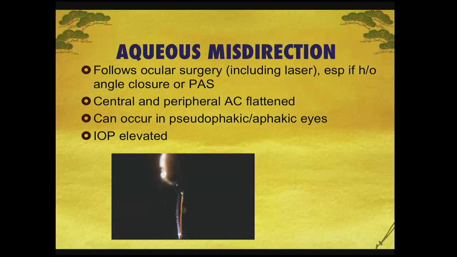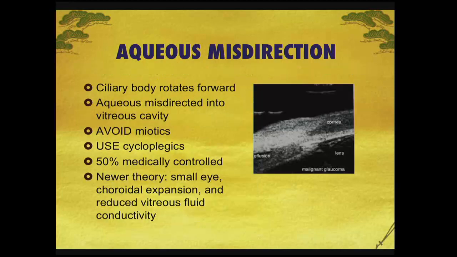Early on the pressure won't be that high, but later on it can be extremely high. It's thought that the ciliary body rotates forward and that aqueous is misdirected into the vitreous cavity. The key thing here is to avoid miotics because they will worsen the situation. The first line treatment is cycloplegics to pull the ciliary body and the lens and everything back. Many can be controlled medically, but some will have to go on to surgery.